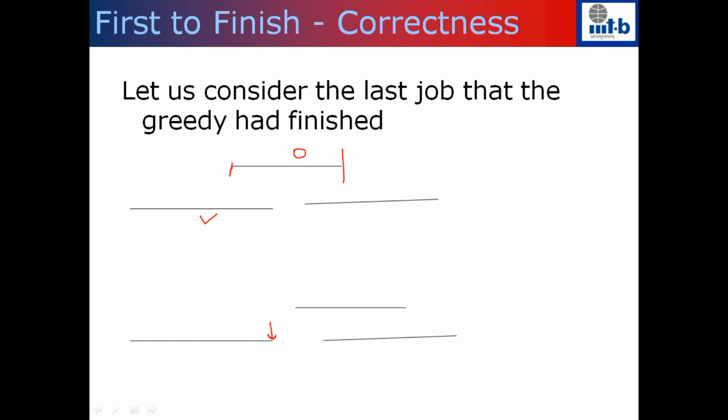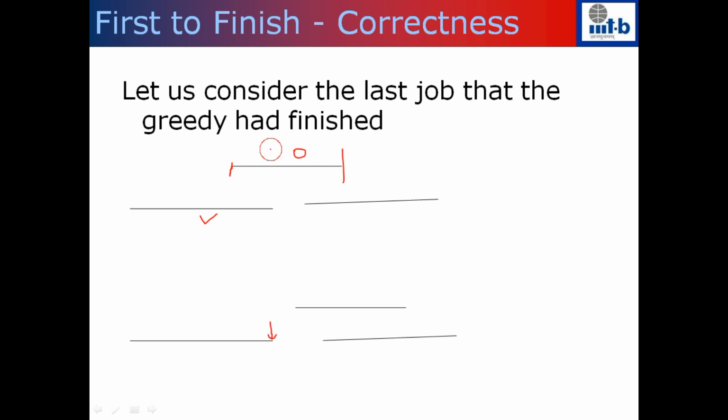There are only two cases, right? When you consider the greedy solution, the last job that the greedy finished either ended after the starting position of this particular job under consideration, or it ended before. We will show that both the conditions cannot happen, right?